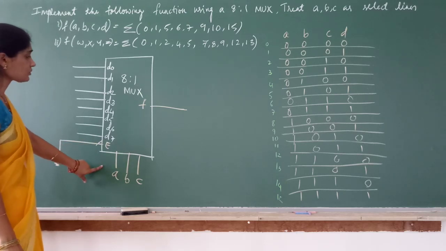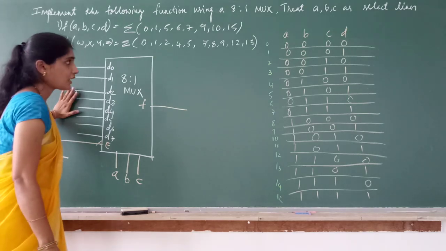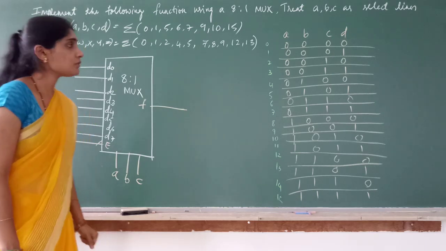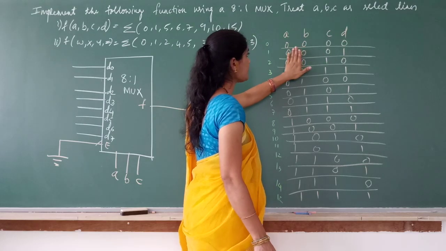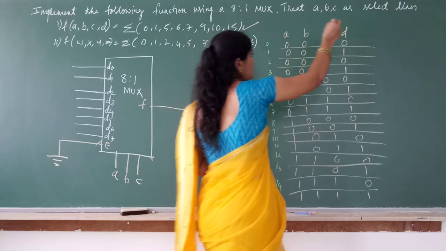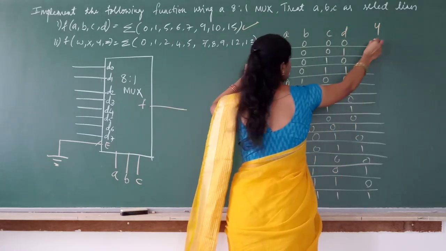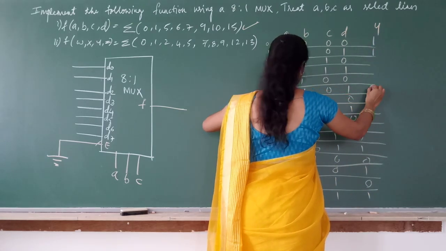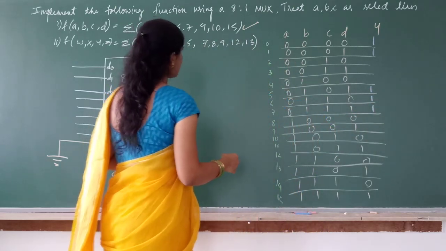Now, in order to implement this function using a multiplexer, one method is the K-map method, the other is the truth table method. So here let me take up the truth table method. I have written the truth table for 4 variables A, B, C, D, with all the combinations from 0 to 15. For the first function, what are the minterms? Y is 0, 1, 5, 6, 7, 9, 10, 15.